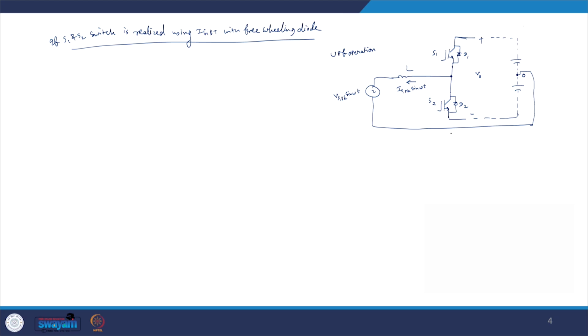And in case of a negative cycle, when the current direction is this way, whenever the S2 switch is on, the current will flow through the switch S2, between collector to emitter, while when this S2 switch turns off, then the current will start flowing through the diode D1.